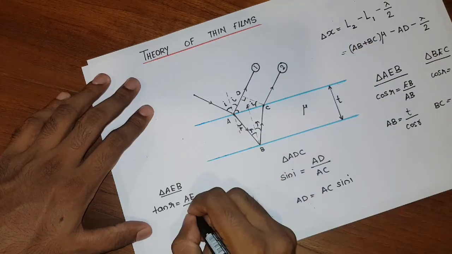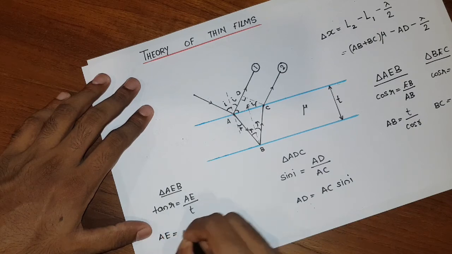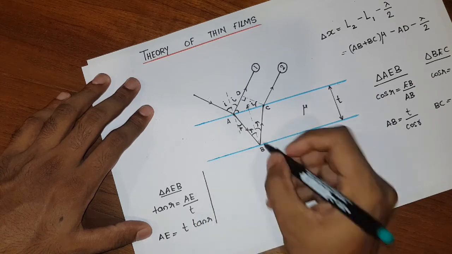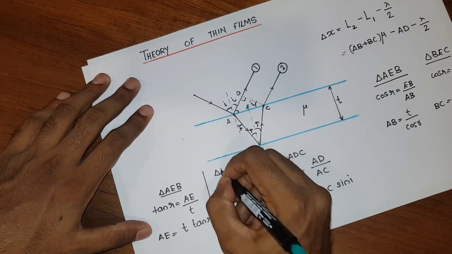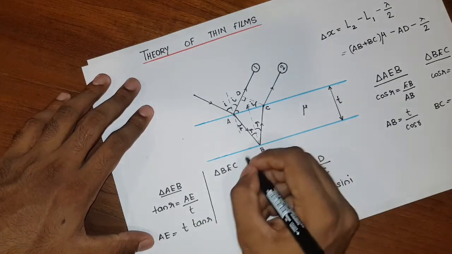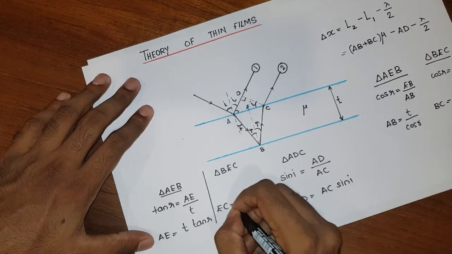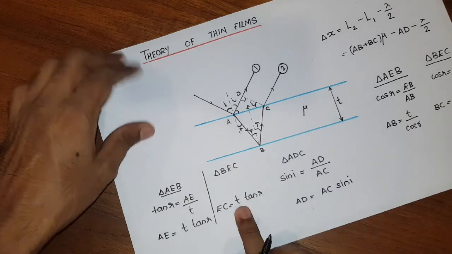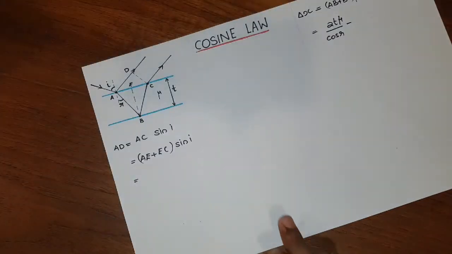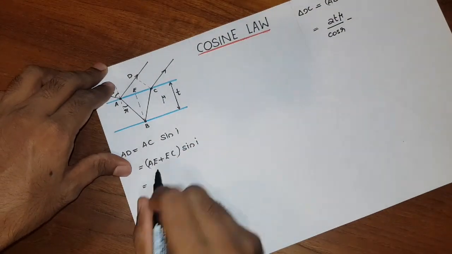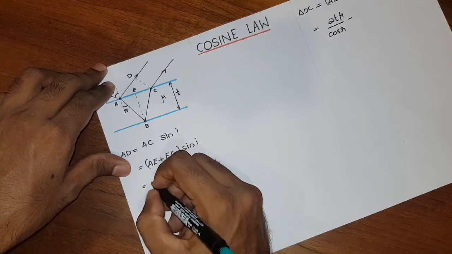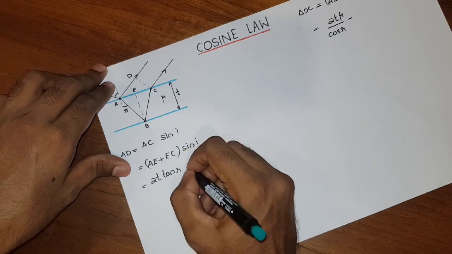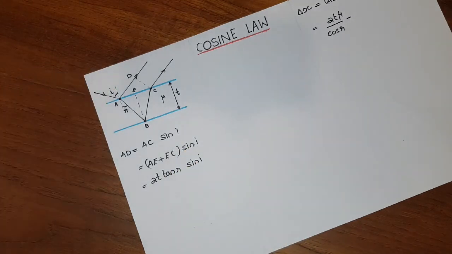EB is nothing but the thickness, so AE can be written as T tan R. Similarly, from the other triangle, triangle BEC, this distance EC can similarly be written as T tan R. So AE and EC is T tan R. So T tan R plus T tan R, that is 2 times T tan R into sin I.